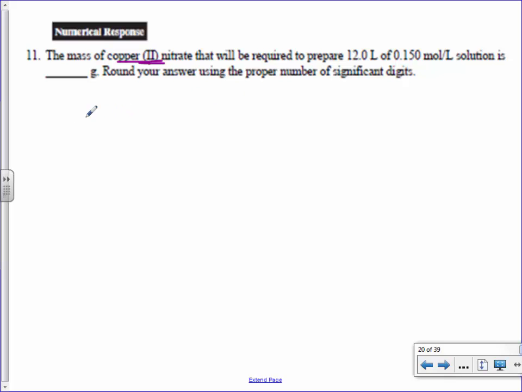So, anybody know copper 2 nitrate's formula? Cu(NO3)2. Good. That is one of the most critical pieces, because if you can't figure out its formula, when we do its molar mass later, we're going to be screwed. So you got to make sure you can write out copper 2 nitrate's formula.